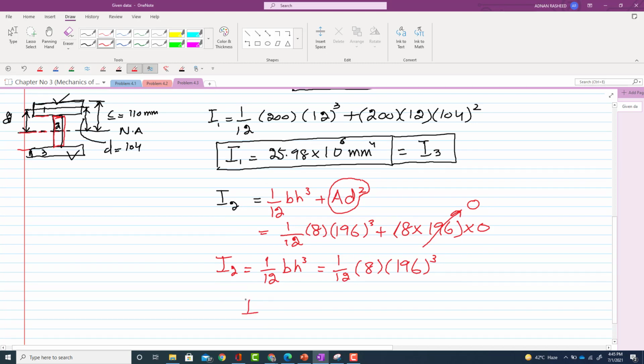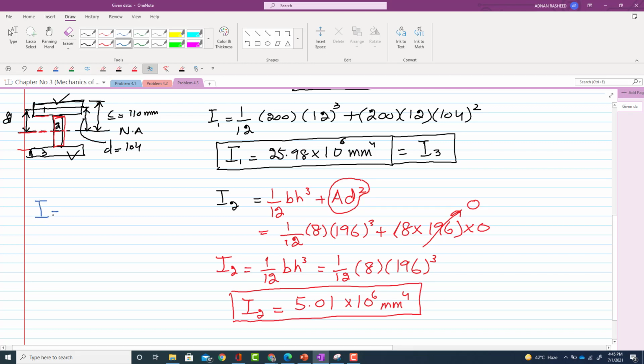When you calculate I2, it will become equal to 5.01 into 10 raised to power 6 mm4. So now the total overall inertia I will be equal to I1 plus I2 plus I3. You have I1 and I3, which are the same, and I2 is given over here.